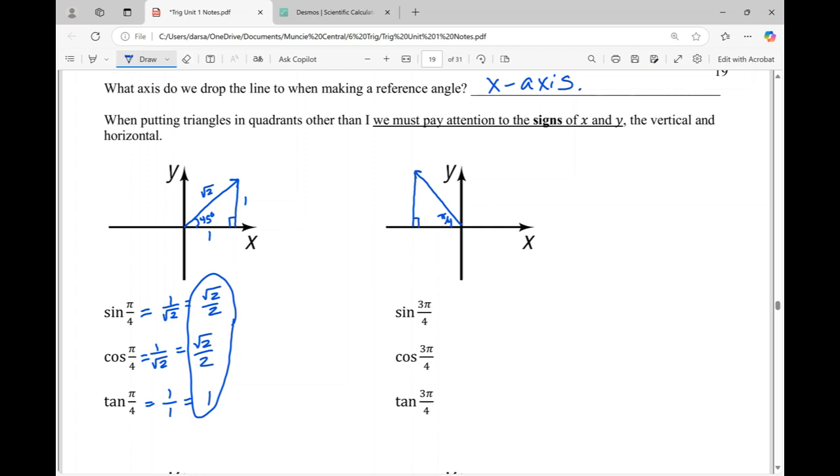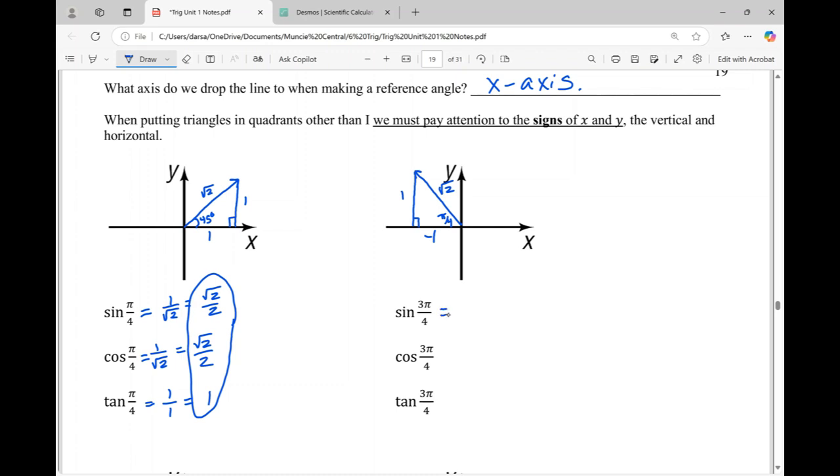That means we have just created a 1, 1, square root of 2 triangle. However, we need to be careful. When we are going up on the y-axis, that is a positive direction. But notice this side is going to the left, which is a negative direction. So this side must be labeled a negative 1 because it is on the negative x-axis.